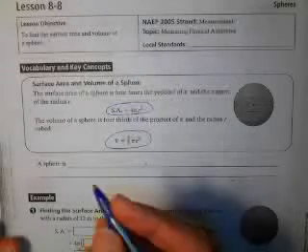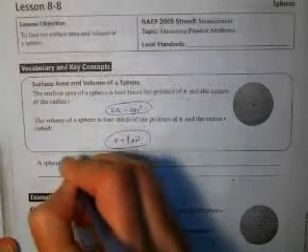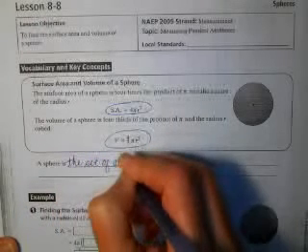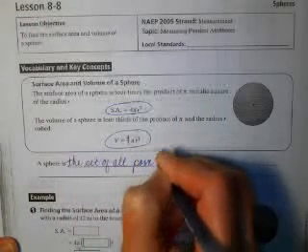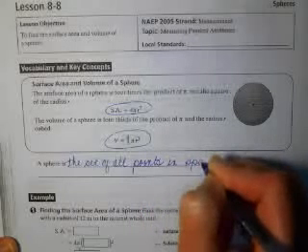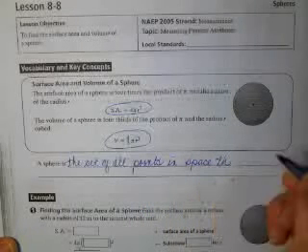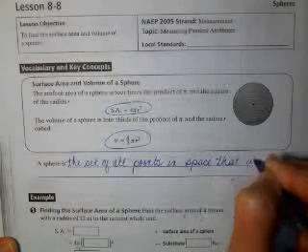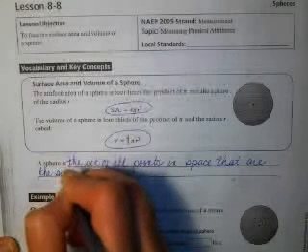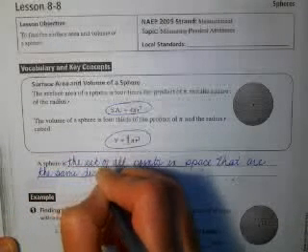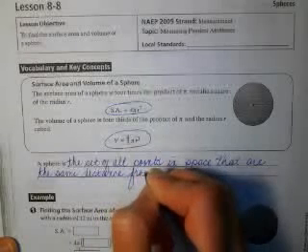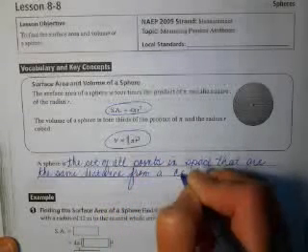Now, a sphere is defined as the set of all points in space that are the same distance from a center point.